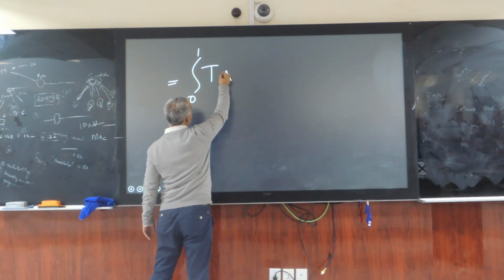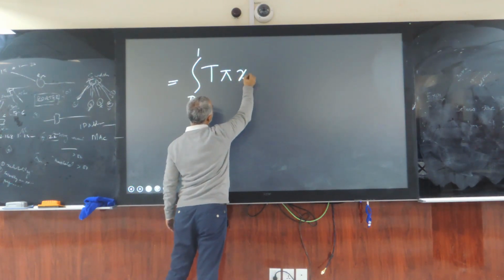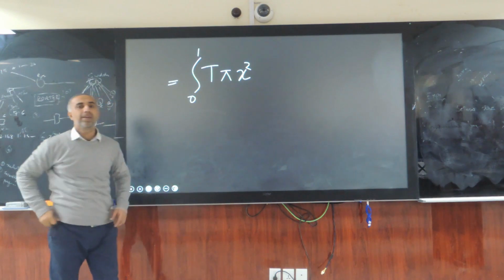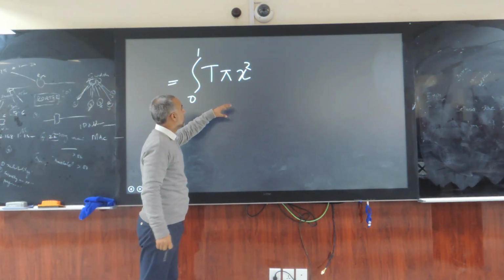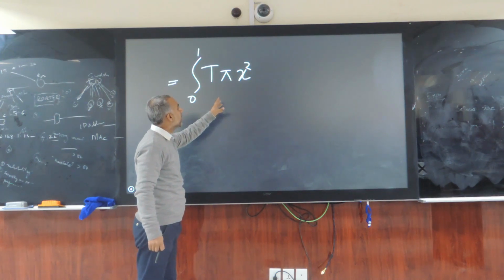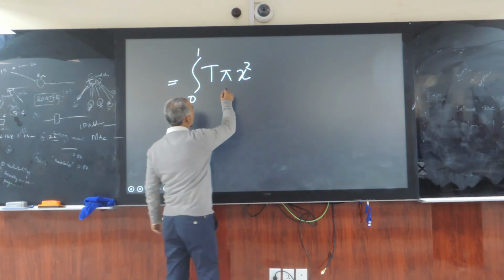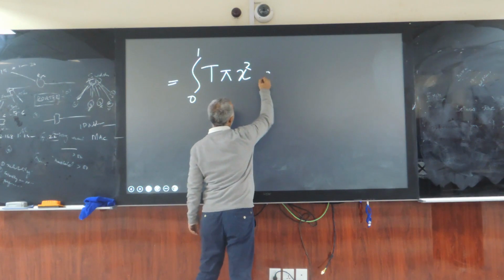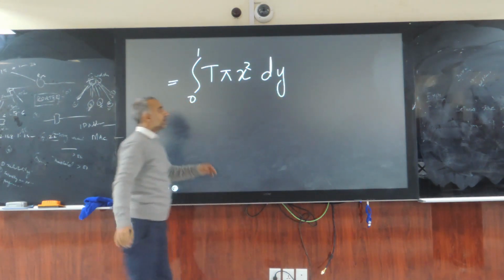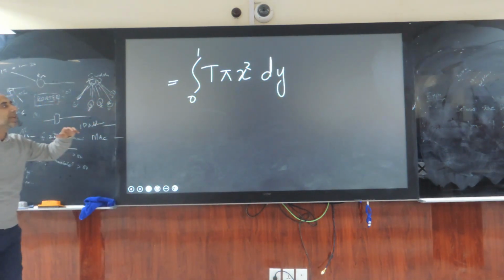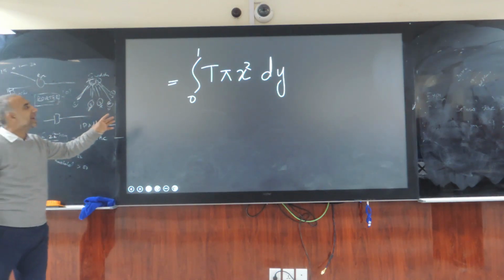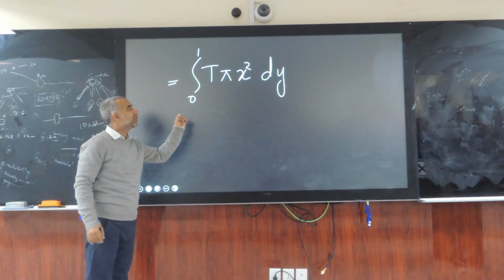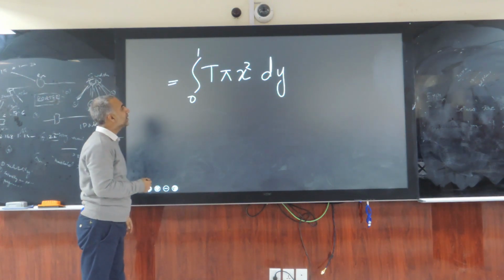Here we have pi. Each disc represents a circular pattern, and the area of each disc can be found with pi x square, and the height of each disc is gradually changing with respect to incremental volume dy, or dy is the thickness of each disc in terms of the vertical axis.